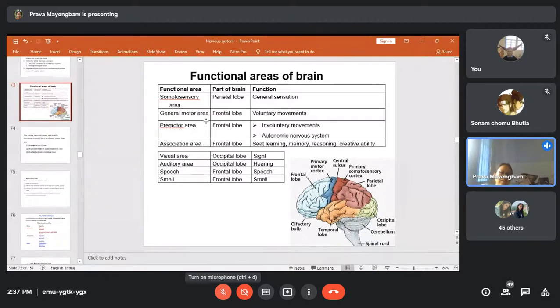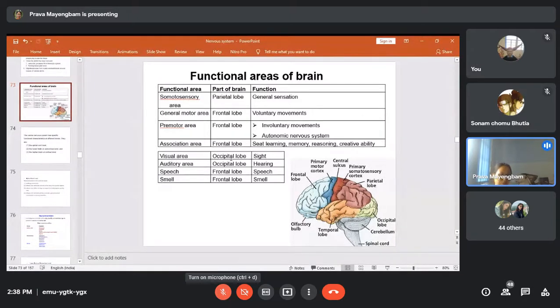The somatosensory area is located in the parietal lobe of the brain. The general motor area is located in the frontal lobe. Premotor area in the frontal lobe. Association area in the frontal lobe.